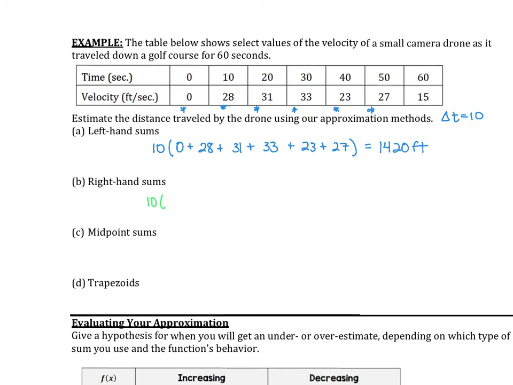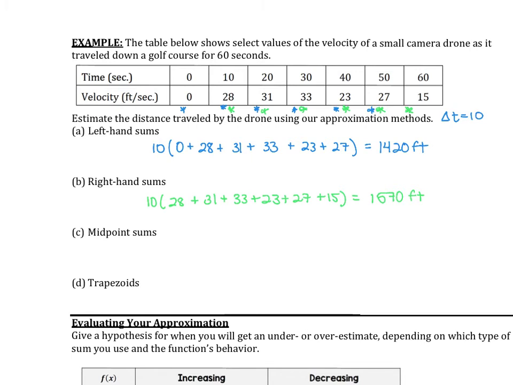If I look at the right-hand rectangles, I'm going to start at 28, then add 31, then add 33, then add 23, then add 27, and then add 15. Notice now I'm using all of the right values of my table of values, and you should get 1,570 feet.